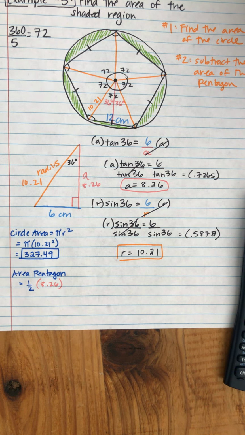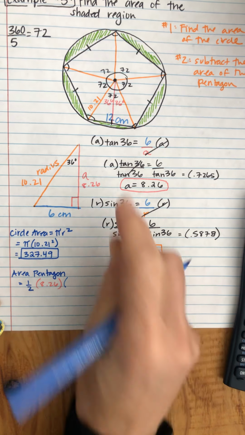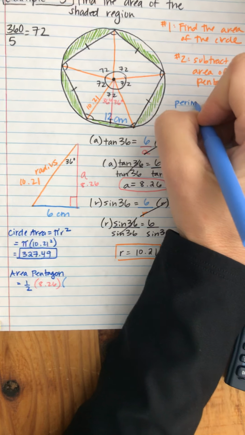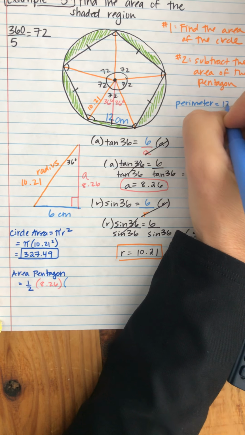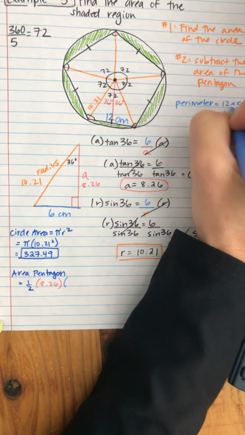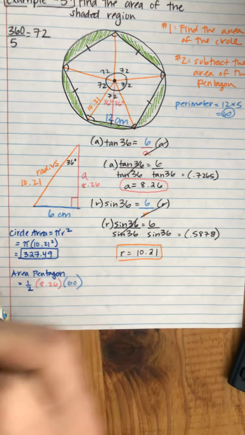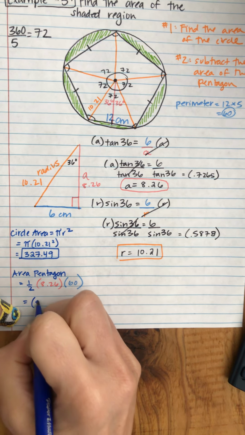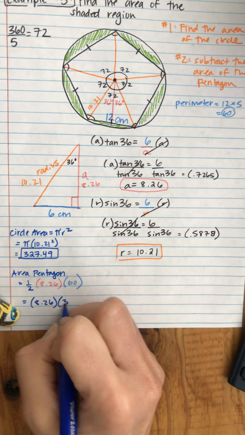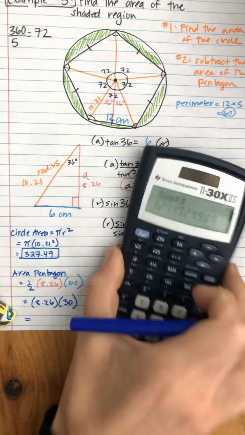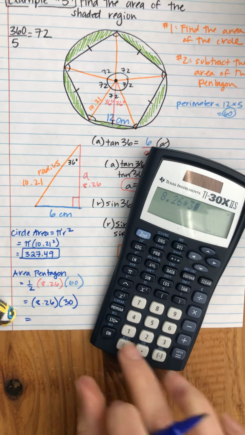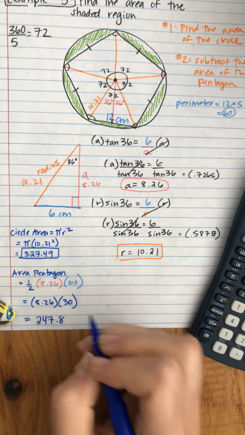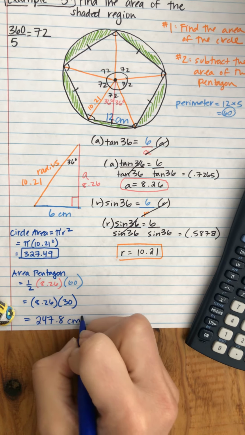Now our perimeter is 12 times 5 sides, which equals 60. So our perimeter is 60. And now we can figure out that really this is going to be 8.26 times 30, and that is going to give us 247.8. We're dealing with centimeters squared.